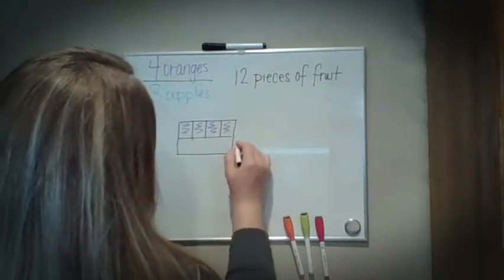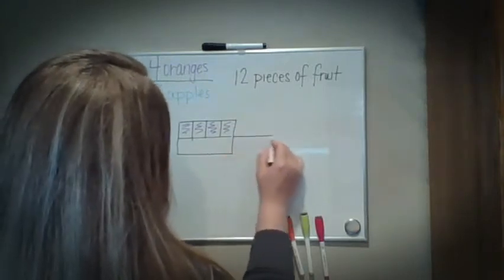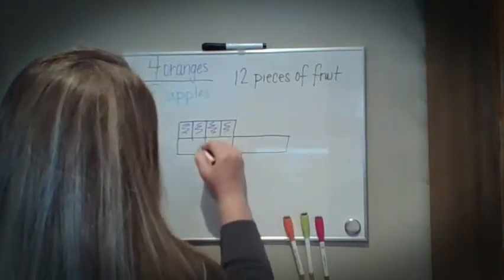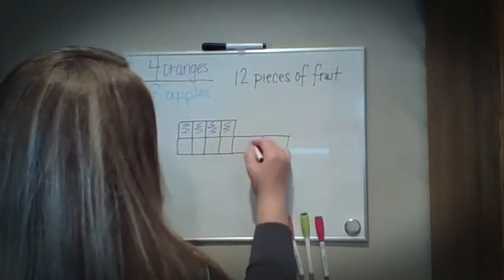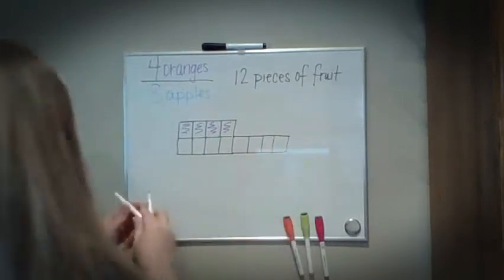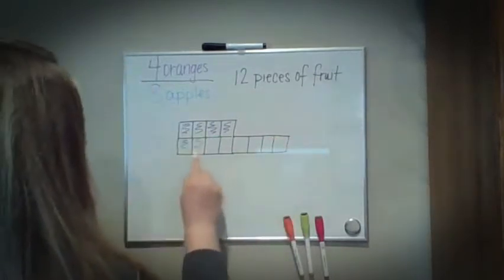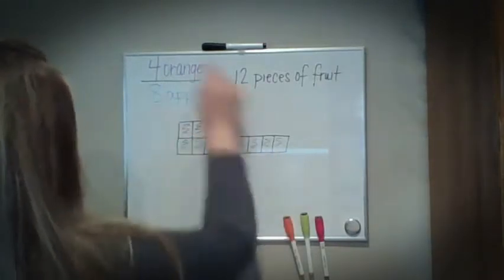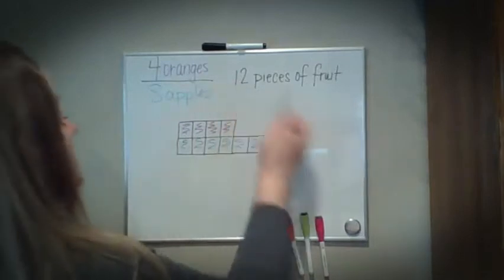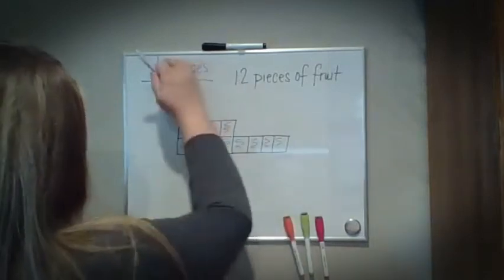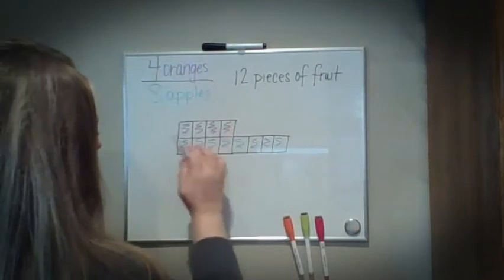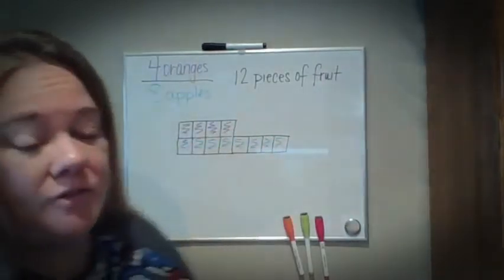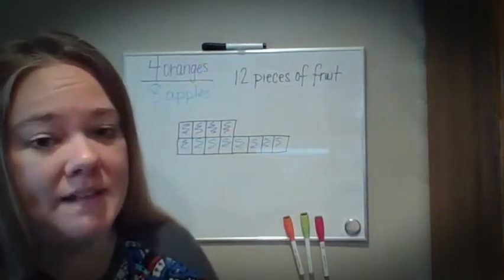Well, there's going to be 4 apples. So that means I've got to have another set here. So I have 8 apples. In doing this, I'm representing 4 oranges and 8 apples. Now, that means that I should have 12 pieces. We said 4 plus 8 is 12. 1, 2, 3, 4, 5, 6, 7, 8, 9, 10, 11, 12. Okay, so there's my first set for my tape diagram.